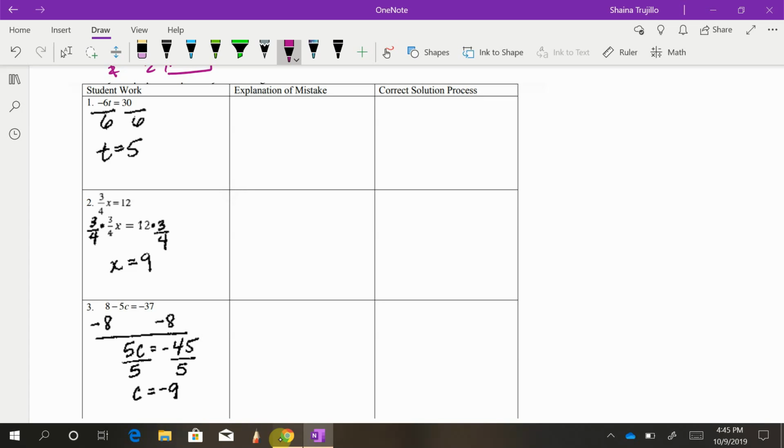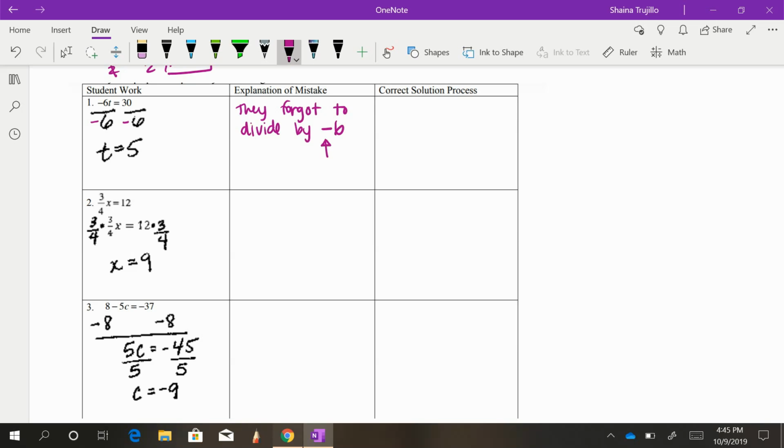This says negative 6t equals 30, divided by 6 on each side. Well, if they just divided by 6, they would still have a negative t. So they actually need to divide by negative 6. So the explanation of the mistake: they forgot to divide by negative 6.